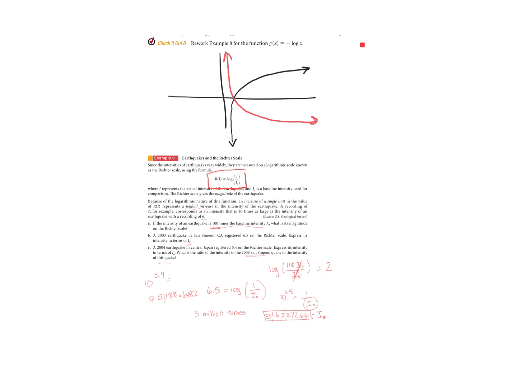What's the ratio of the intensity of this quake to this? So if you take 6.5 and divide it by 5.4, you get 1.2. Right? If you take the 3 million number and divide it by your Japan number of the 251,000, you get 12.58925.